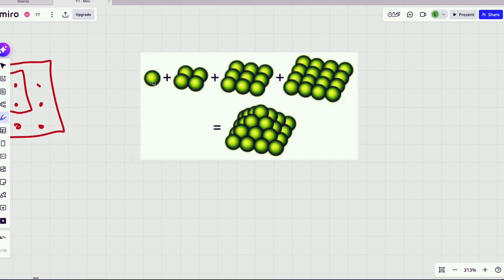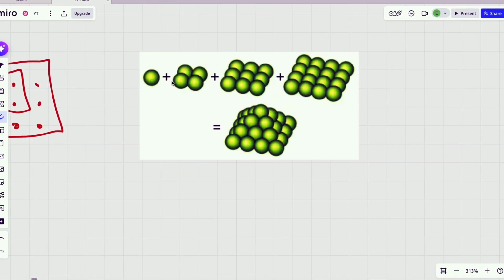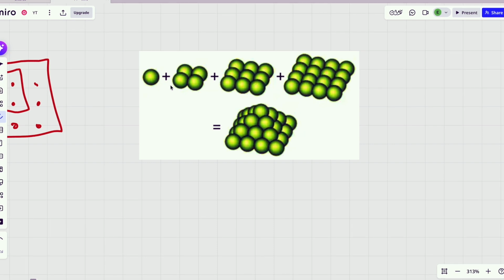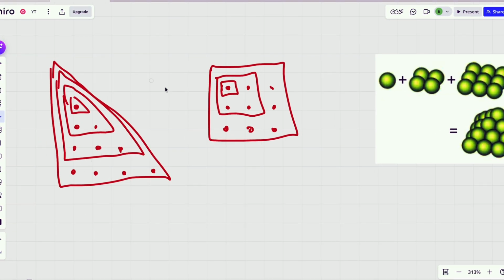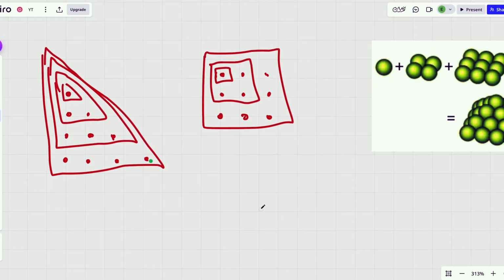Now, I hope you can see this picture, and this is what we will need to visualize pyramid numbers. A 2D picture is no longer enough, as it was for square numbers and triangle numbers.